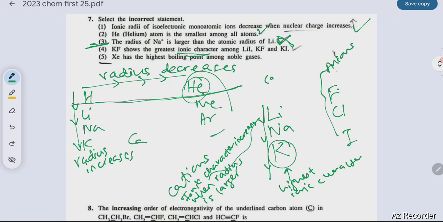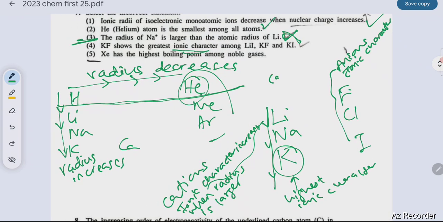For anions, the ionic character is larger when the radius is smaller. Which means fluorine has the highest ionic character here.